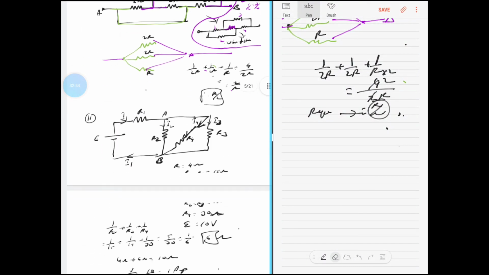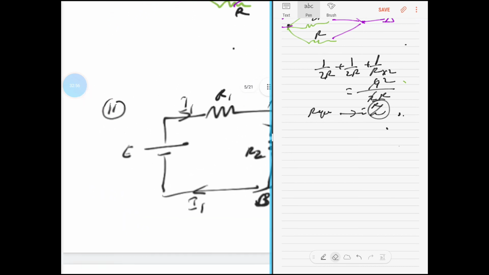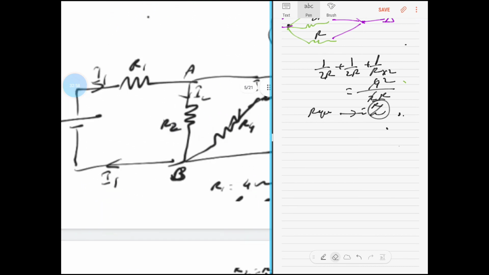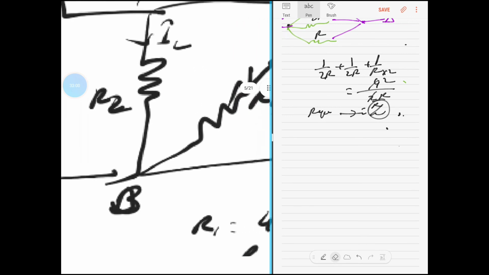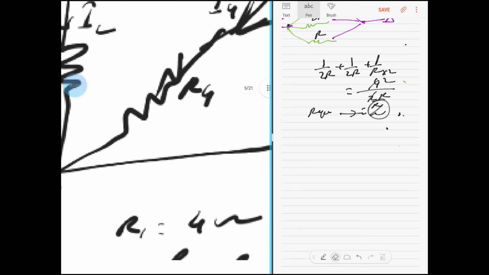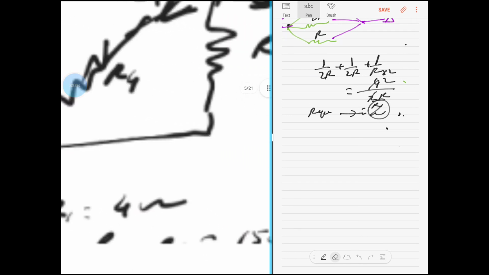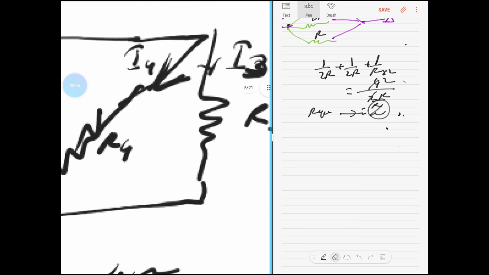Whatever is the potential drop across this would be equal to the potential drop across R2, because they both are parallel. It will be the same as the potential drop across R4, the same as the potential drop across R3.